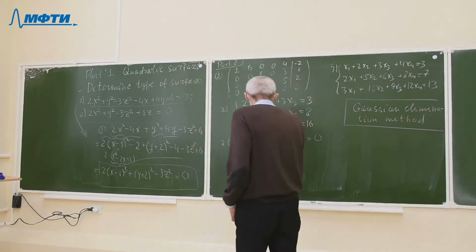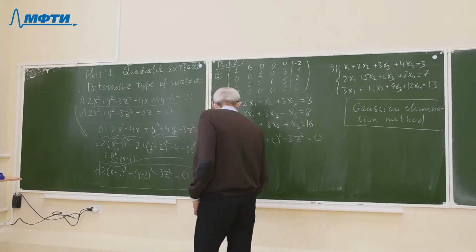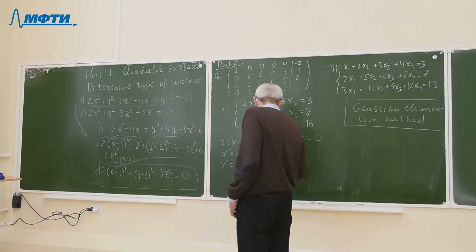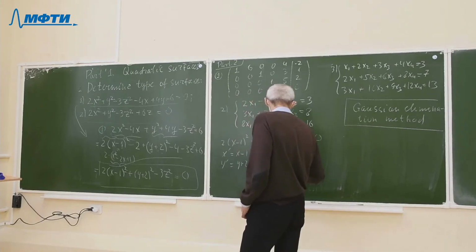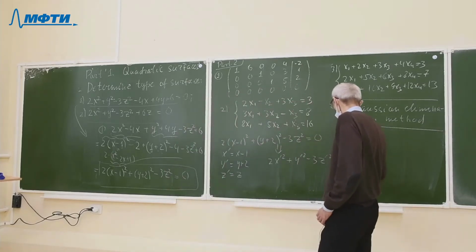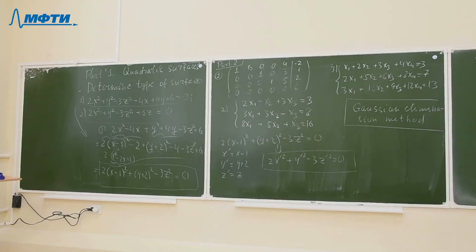We can use the new reference system: x prime is x minus 1, y prime is y plus 2, and we can rewrite this equation in the following form: 2x prime square plus y prime square minus 3z prime square is equal to 0. What quadratic surface is obtained by this equation? It is easy to see that we obtain the cone.